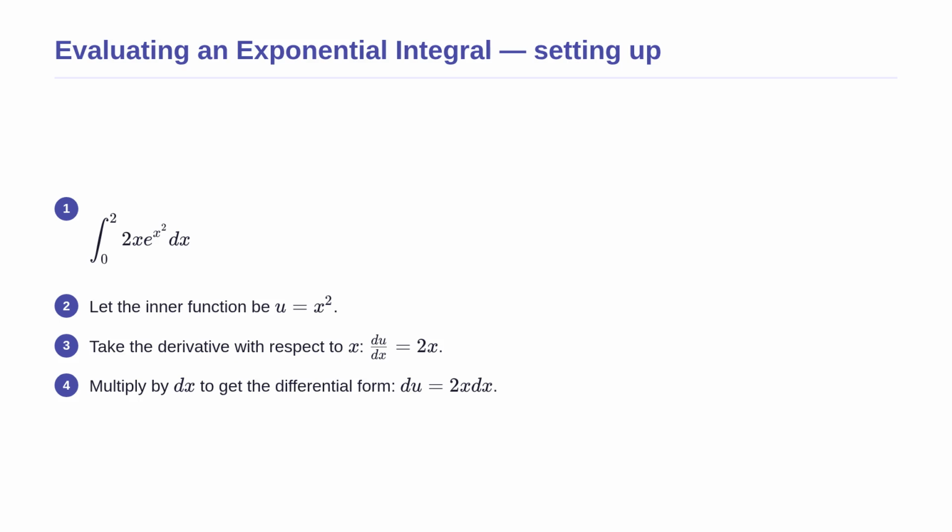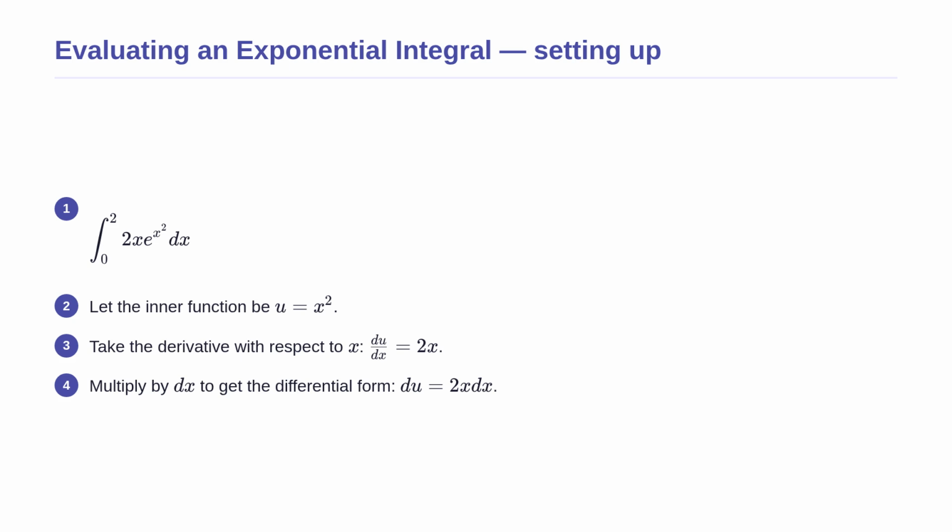Before we prove why this formula works, let us see it in action with a concrete example. We are given a definite integral from 0 to 2 of 2x times e raised to the power of x squared. We want to find the area under this curve. This looks intimidating because x squared is trapped inside the exponent.